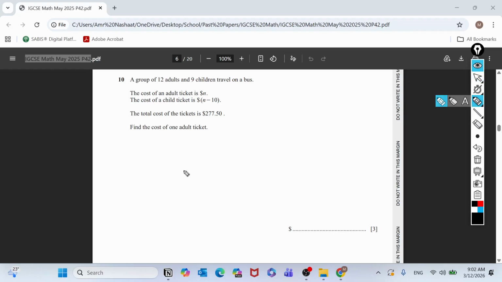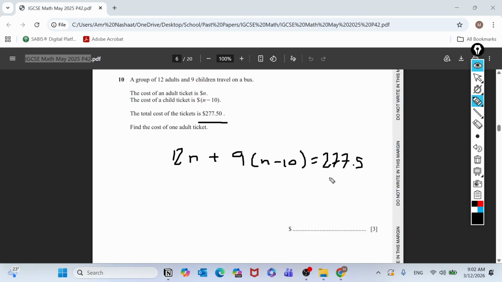Okay. 12 adult tickets, so 12 N, and 9 child tickets, so plus 9 times N minus 10, equals what? That's the total, so 277.5.